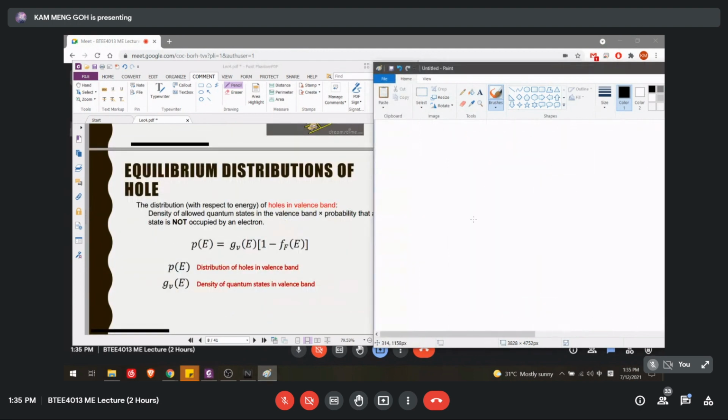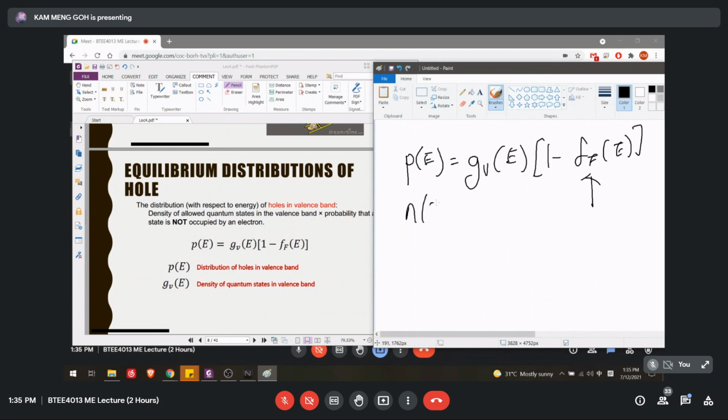Okay, so that one is the conduction band. But in the valence band, we are using the other probability. Remember that g multiplied by 1 minus f(E), because this one is to find the electron not inside there. When we are trying to use, let's say, n and p, we always try to find the number of the electron or number of the hole.